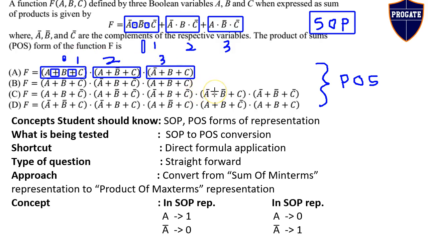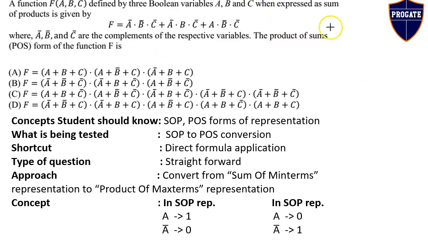It is a product of sum terms, because each of these sum terms is multiplied using the product operator. So our aim is to convert the SOP expression given in the question into a POS form available in the options.